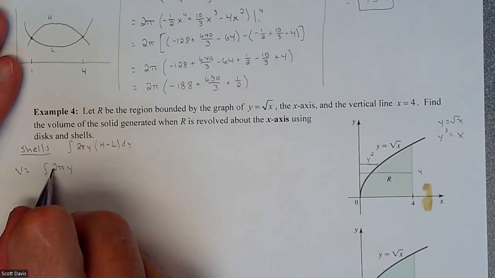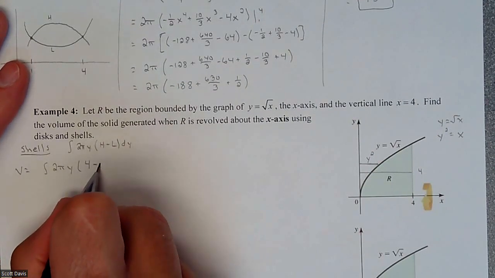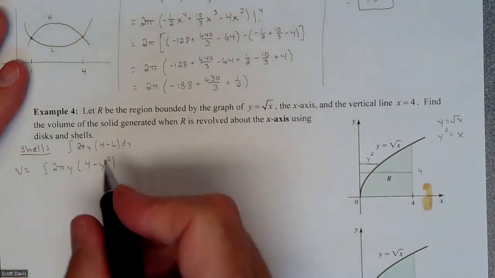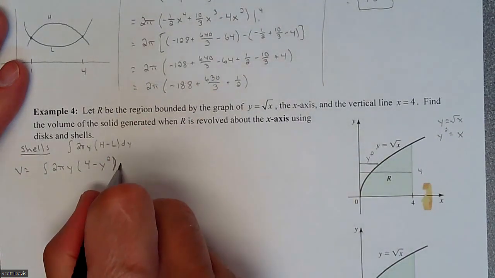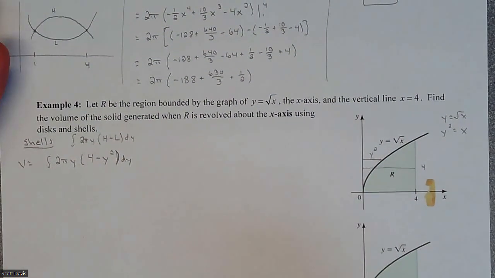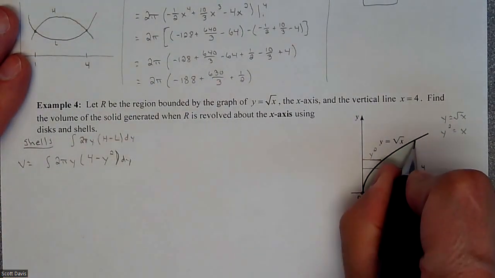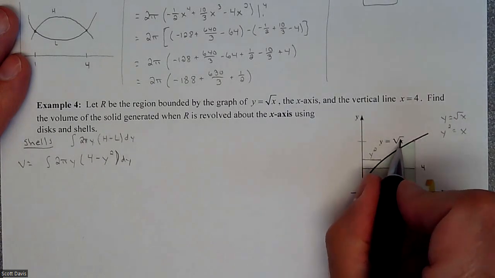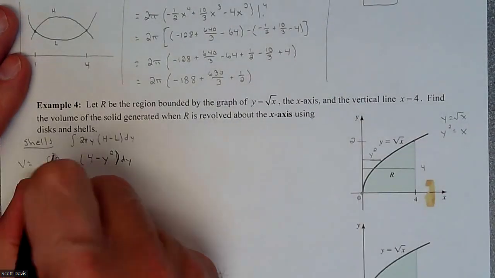It would be 2 pi y times the high, 4, minus y squared, the low, dy. Already I'm not loving this method. Second, everything has to be in terms of y. If we plug 4 in and square root it, we get a y value of 2. So our bounds are 0 to 2.